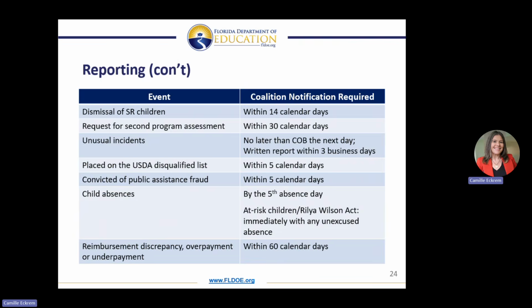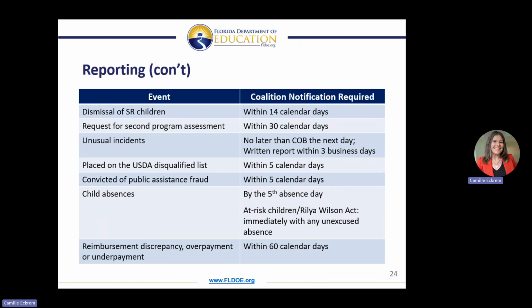The coalition must be notified within 14 calendar days. Request for a second program assessment. The coalition must be notified within 30 calendar days. Unusual incidents. The coalition must be notified no later than close of business the next day. They must receive the written report within 3 business days.